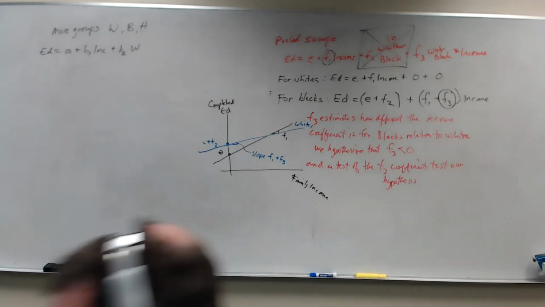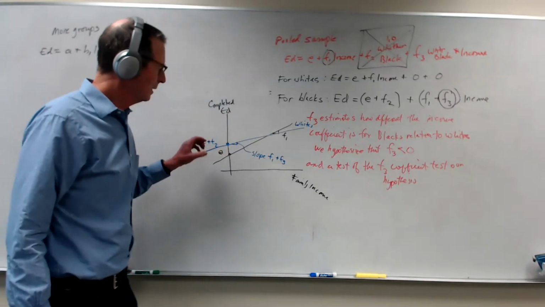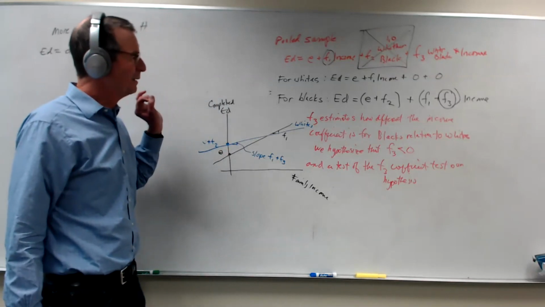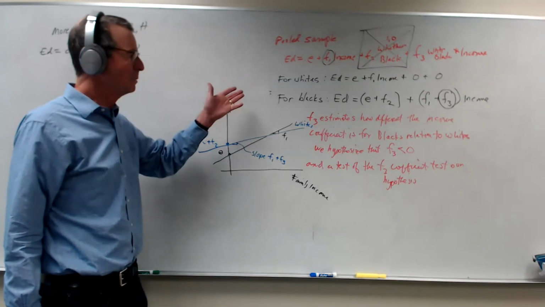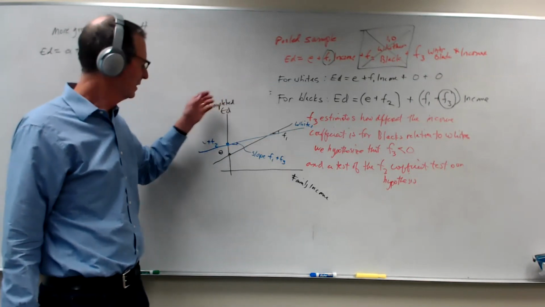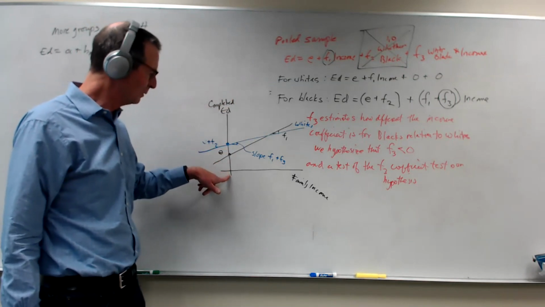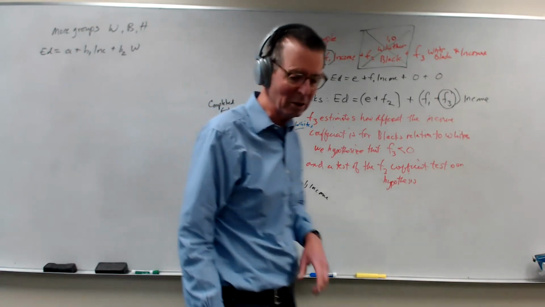Instead of allowing them to be different. Over here, we allowed them to be different. So that constraint doesn't make any sense, right? It doesn't make any sense for the value of completed education to be identical for family income equals 0.